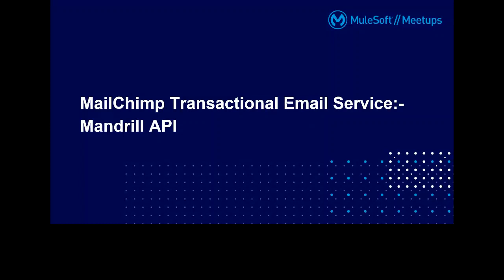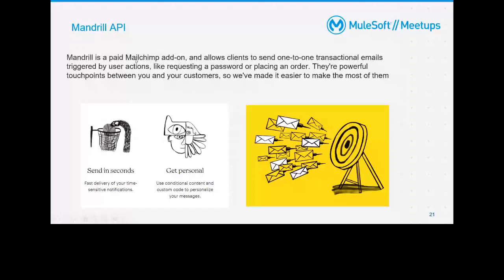Then you will use this service. The Mandrill API is a paid add-on offered by MailChimp.